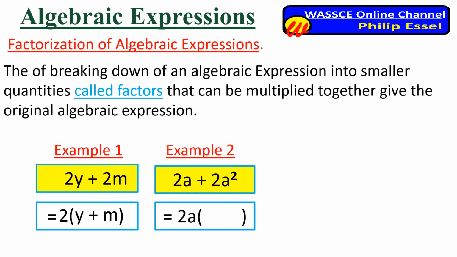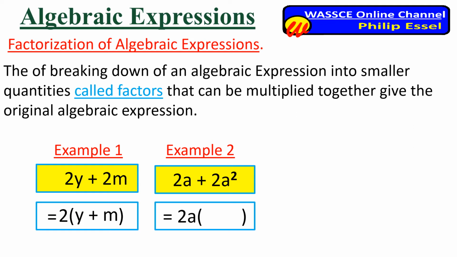When we do this, we would get 2a outside of the bracket. So what will be in the bracket? Remember, the 2a of the first term, everything has been taken away outside of the bracket. So there is nothing left. But actually, there is the item 1 left. Whilst in the second term, only 2a was taken out, so you were left with one of the a's.